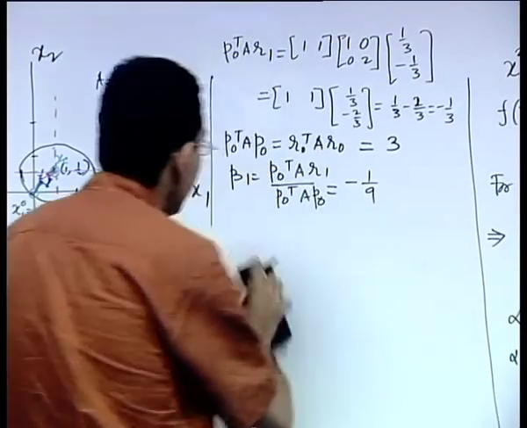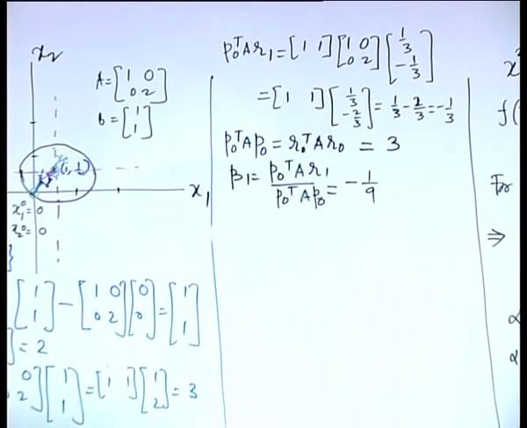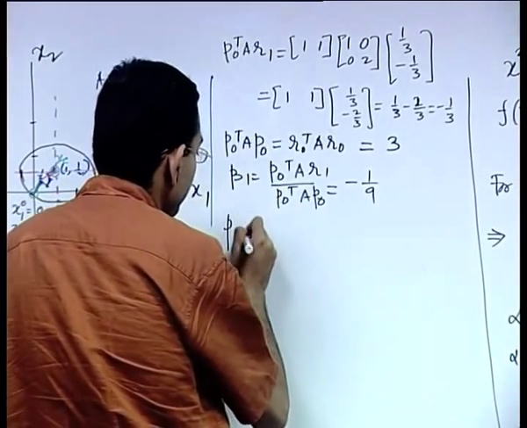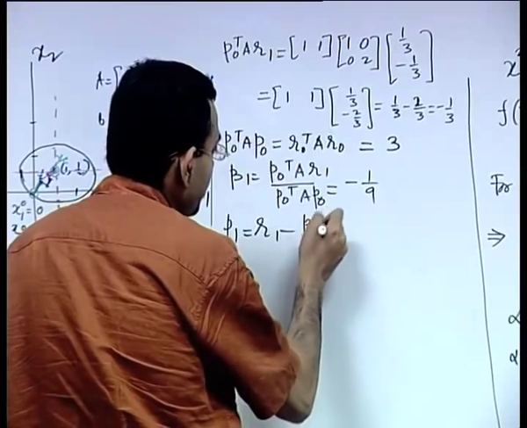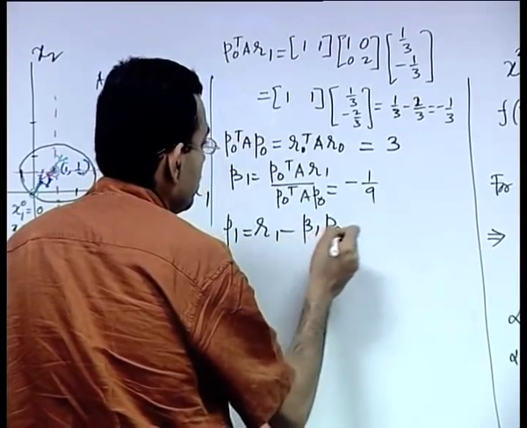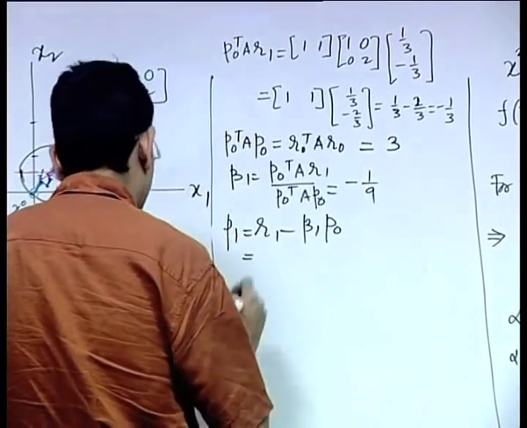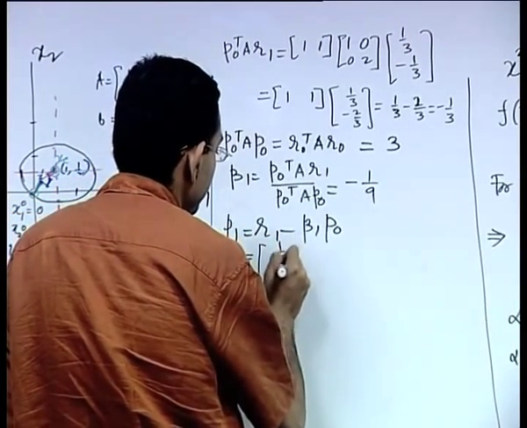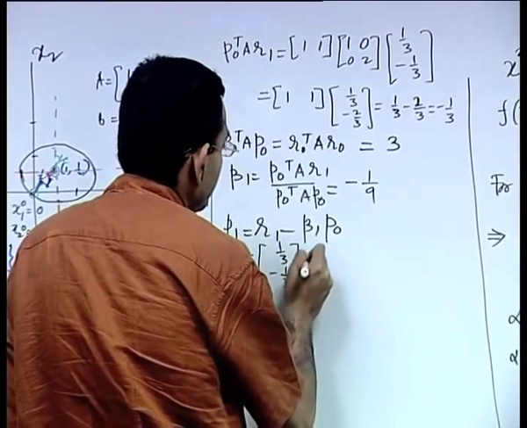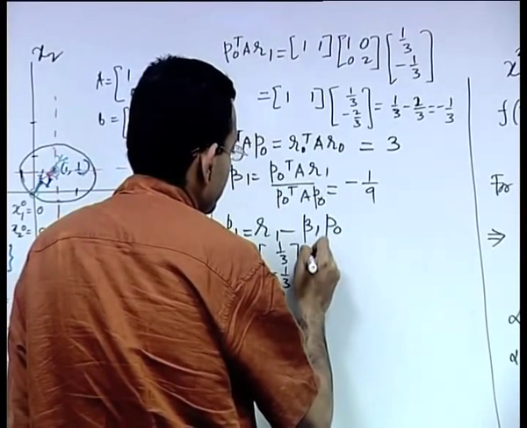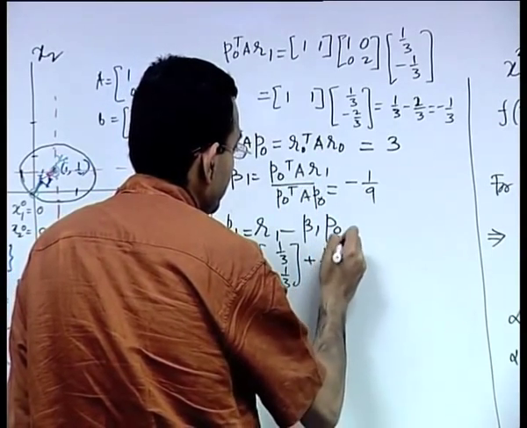So that will lead to the calculation of P1. P1 is equal to R1 minus beta 1 P0. So R1 is 1/3, minus 1/3, minus beta 1, so plus 1 by 9.